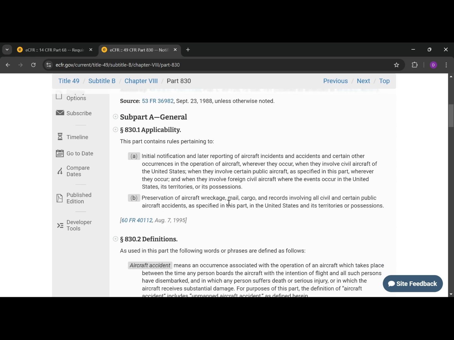Preservation of aircraft wreckage, mail, cargo, and records involving all civil and certain public aircraft accidents as specified in this part in the United States and its territories or possessions.